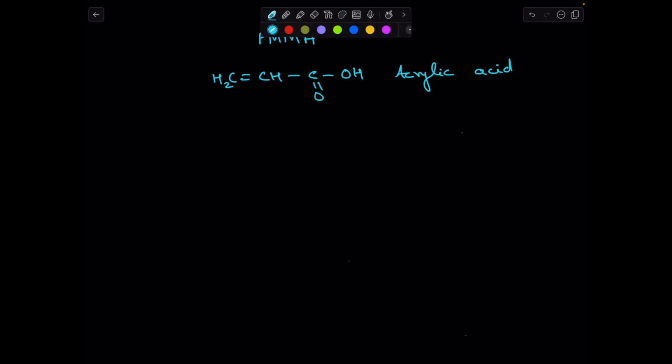Let us consider polymethyl methacrylate. This is acrylic acid. If we replace this hydrogen with a methyl group, we get methacrylic acid.